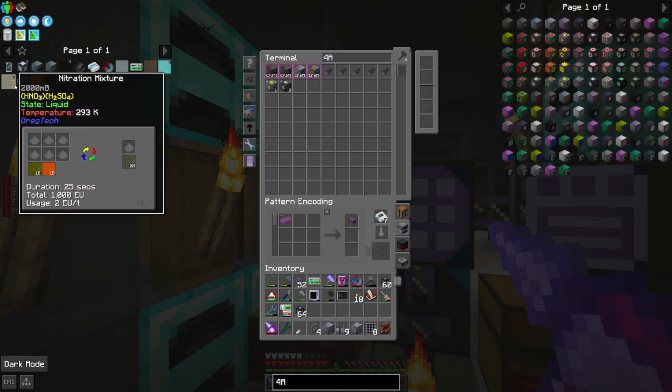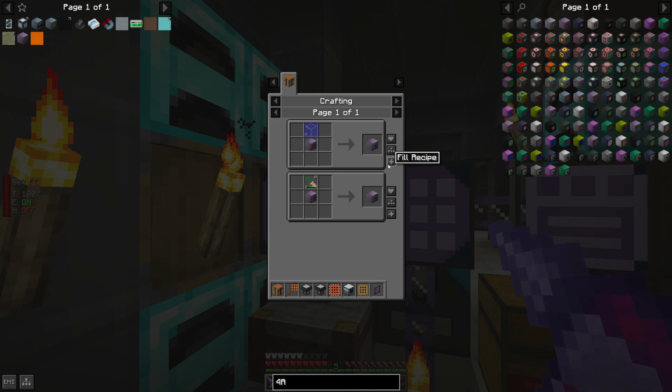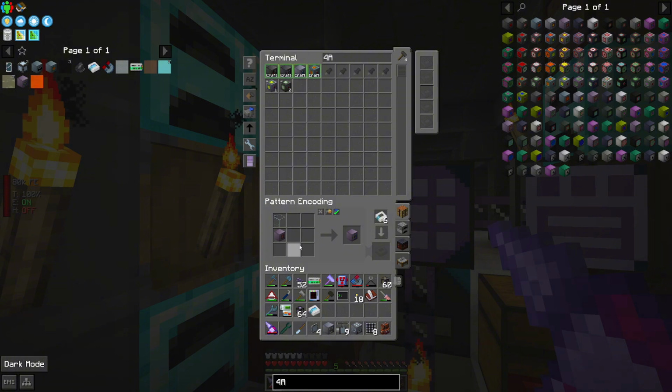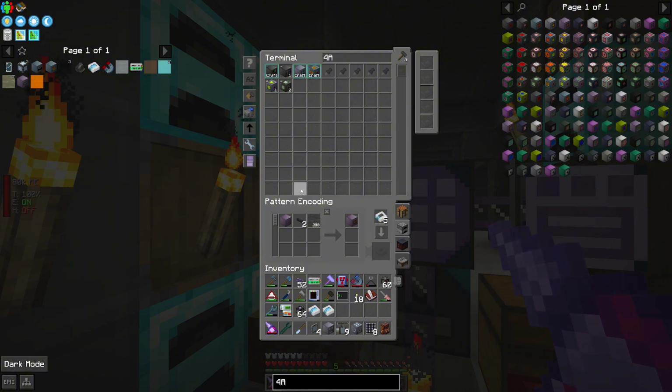Now we need one more thing, or multiple. We need the input hatch. So we're going to do a recipe. And then, yeah, let's do it this way.